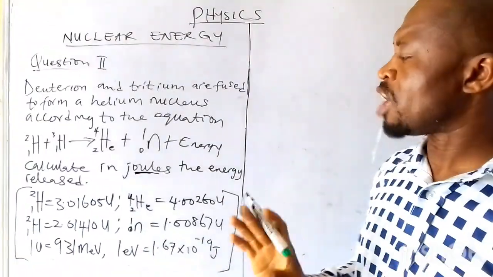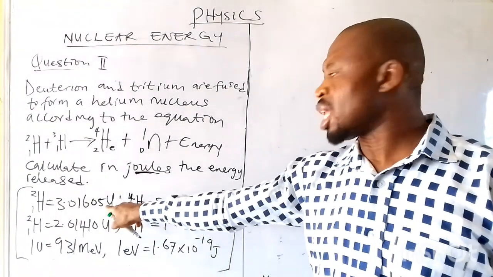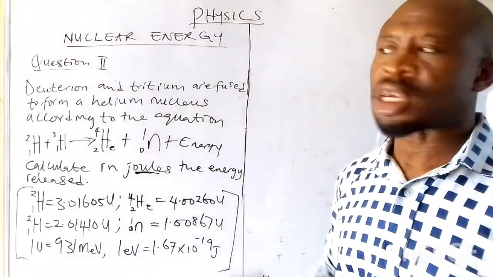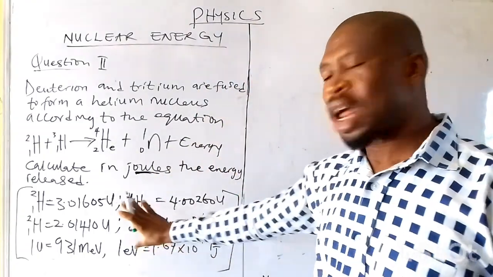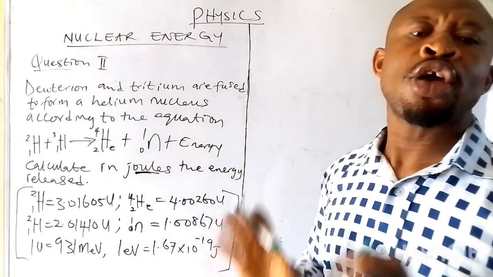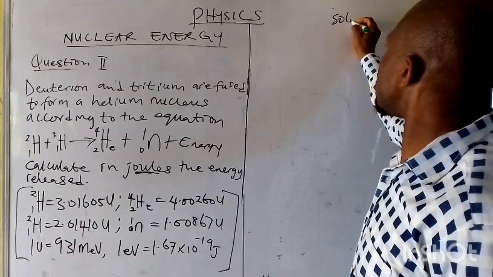Now, the difference between this and the former one, you are given these masses in terms of atomic mass units, whereas the former one was given in terms of kg. So this one now, we don't have any need to multiply with the speed of light at the end of the day. So we have a solution.